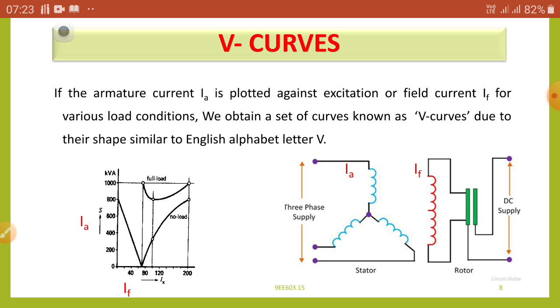Now the field current is given initially, say 0.2 amperes, for example. At this condition, take down the readings of the armature current on the ammeter and the power factor meter reading. Then in the second case, vary the DC supply rheostat and increase the field current from 0.2 amperes to 0.3 amperes.